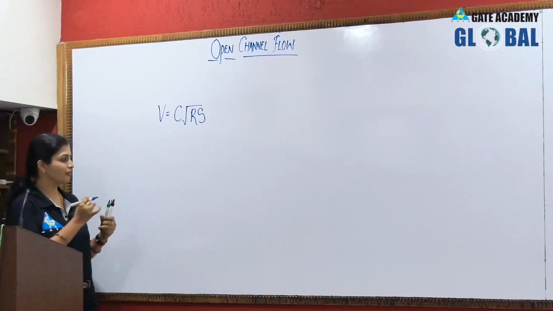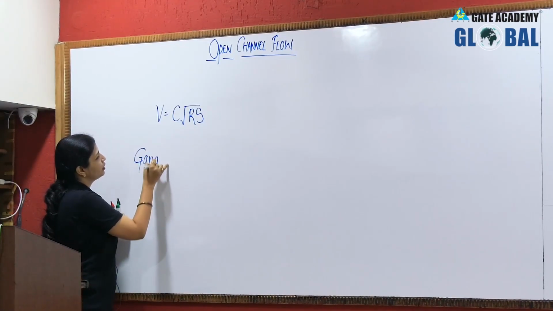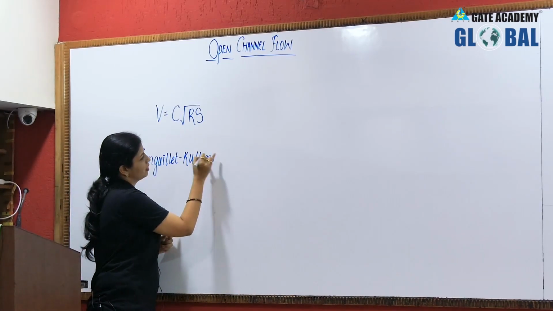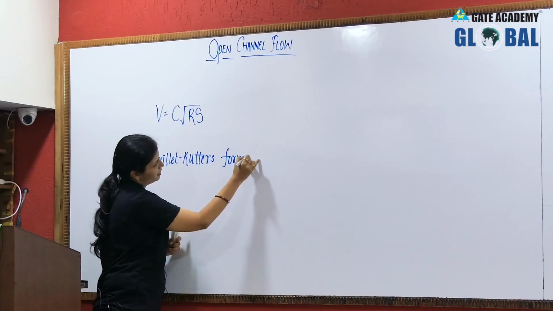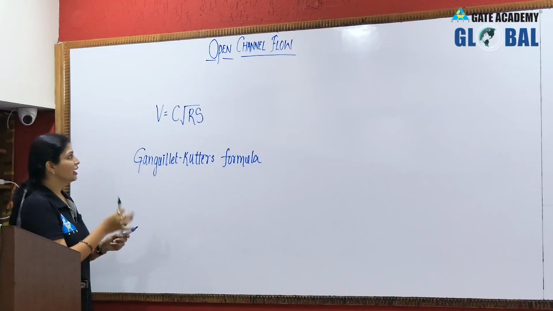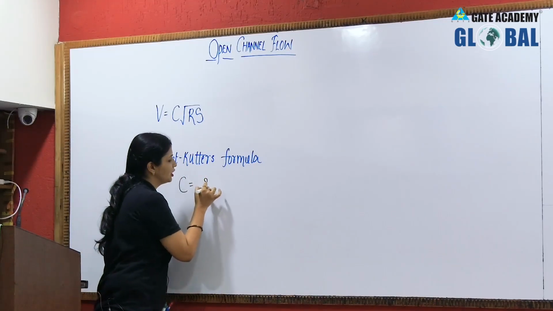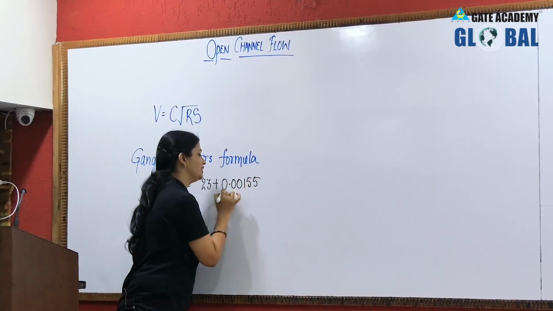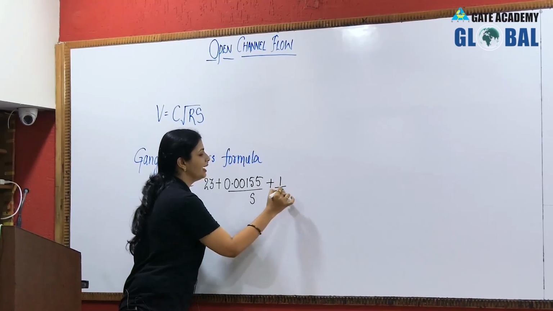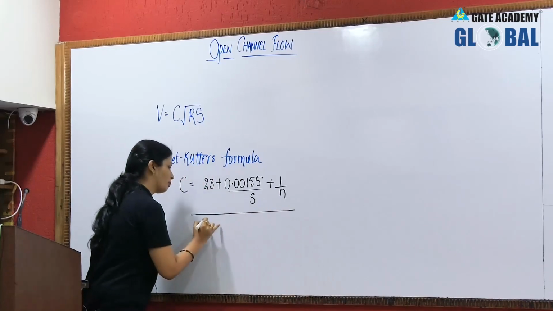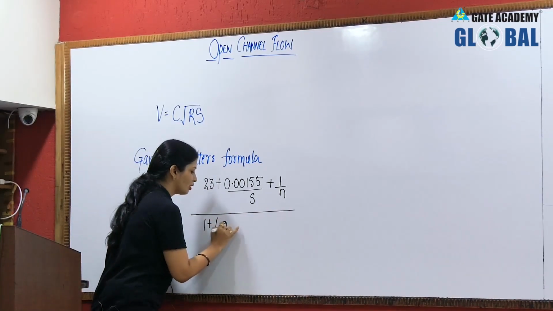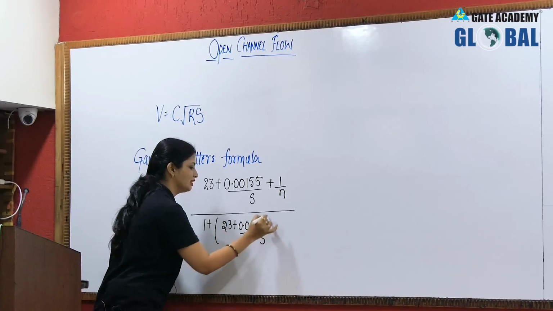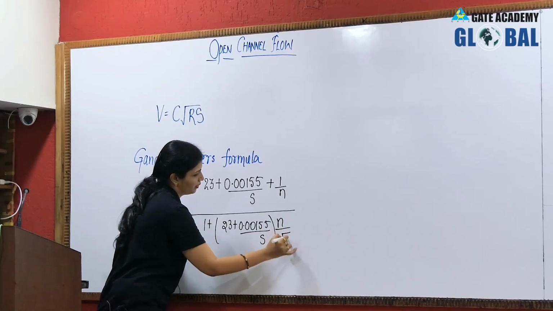So, various researchers have given different formulas for calculating the value of Chezy's coefficient. First one is Ganguillet-Kutter's formula, or Kutter's equation. This is very famous in the name of Kutter's equation. The value of C can be written as (23 + 0.00155/S + 1/n) / (1 + (23 + 0.00155/S) × n/√R).